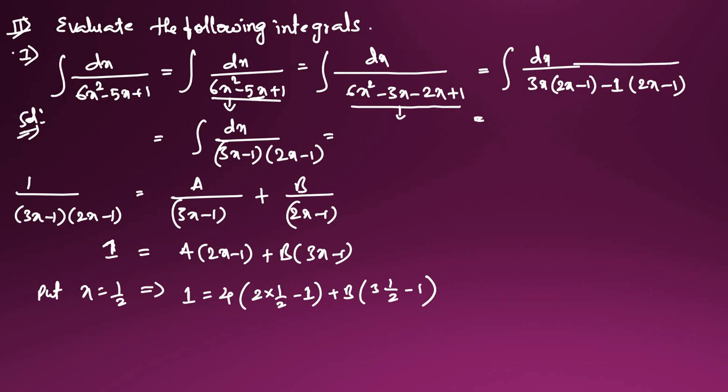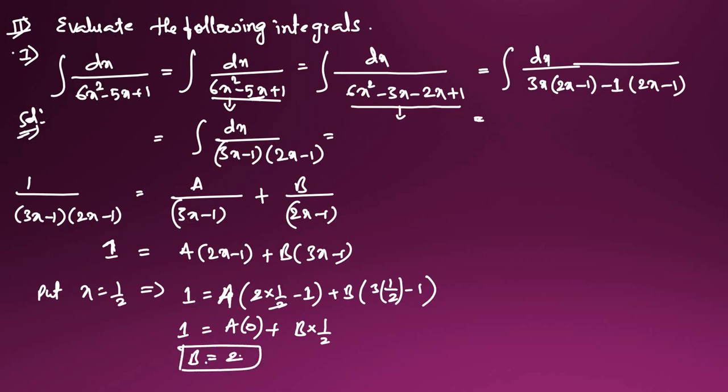The a term becomes 0, and 3 by 2 minus 1 is 1 by 2, so b into 1 by 2. So b is equal to 2 is the answer.